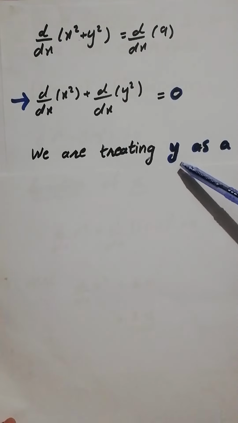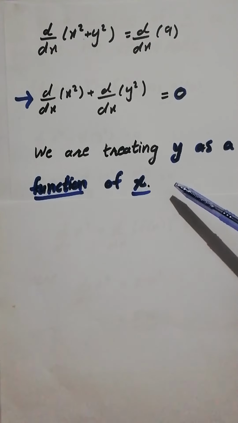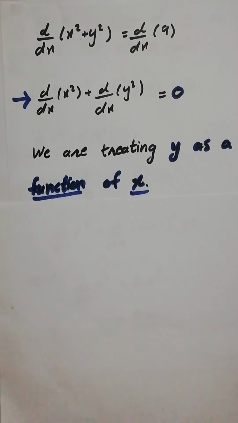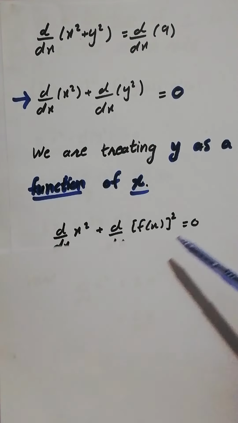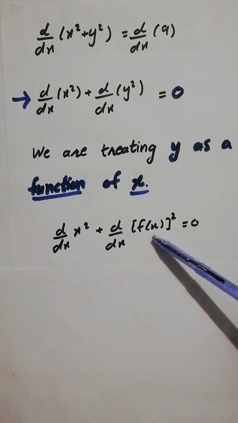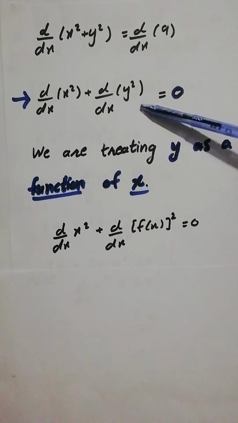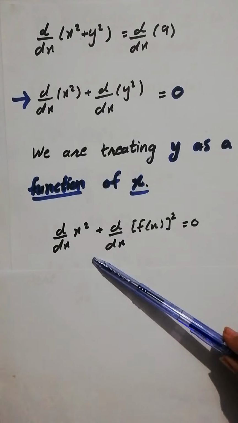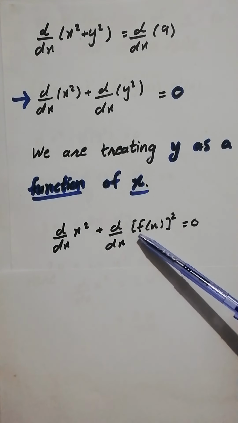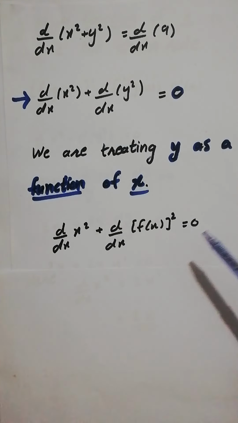We are treating y as a function of x, and we should therefore imagine f of x anywhere we see y. So we will write f of x in place of y. It will become d by dx of x squared plus d by dx of f of x whole squared is equal to 0.